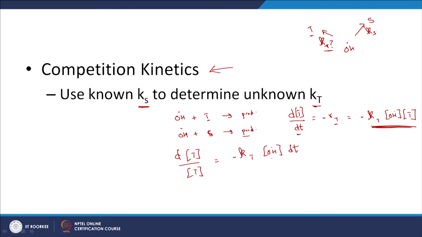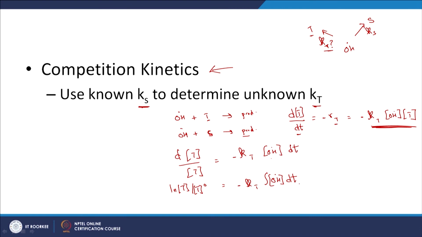Getting information about the OH radical is relatively difficult, but if I integrate on both sides, the natural logarithm of T by T naught is equal to minus Kt times the integral of OH radical times dt.